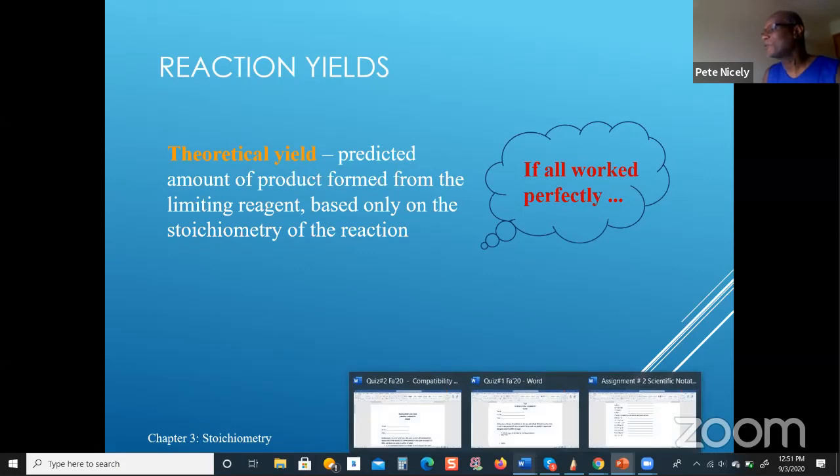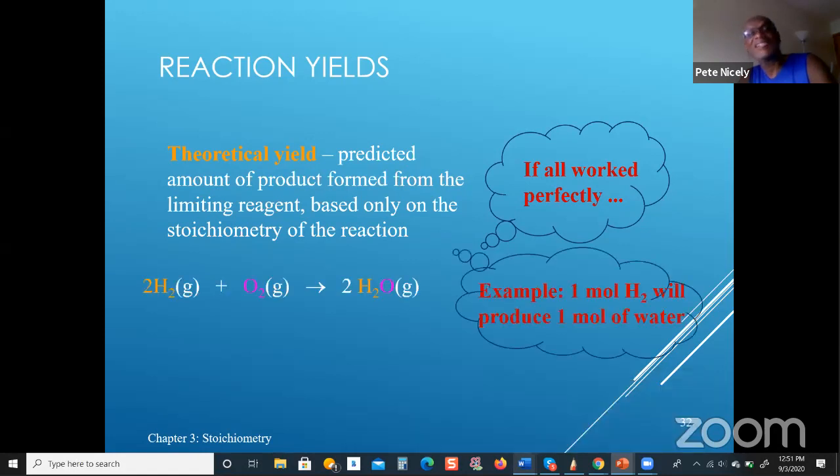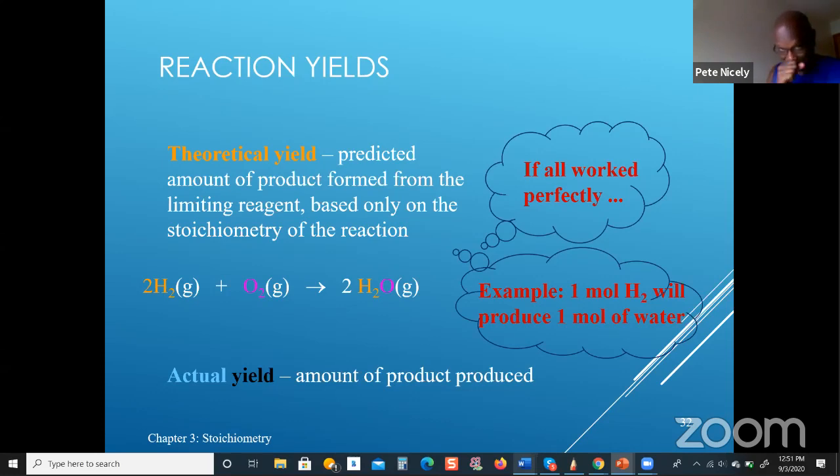because we don't live in a perfect world, when you do experiments and you isolate your product and you weigh it, what you'll find is that the amount of product is less than what you expect to get on paper, all right? So this brings us to the difference between the theoretical yield, if the world was perfect and you get the amount of product you expect to get, and the actual yield, which is the amount of product that you get from the experiment.